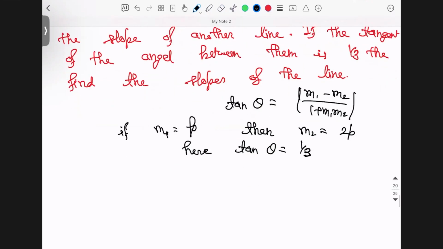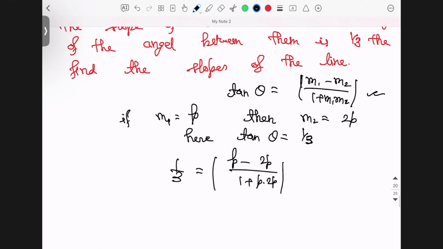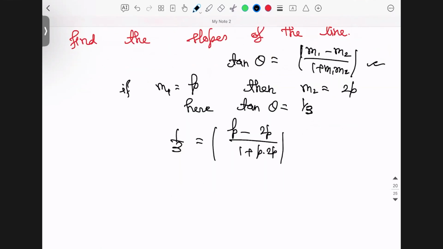So if I put all these values in this formula, what will we get? We will get 1/3 equals modulus of (p minus 2p) divided by (1 plus p into 2p). So this will ultimately give us modulus of (minus p) divided by (1 plus 2p squared).